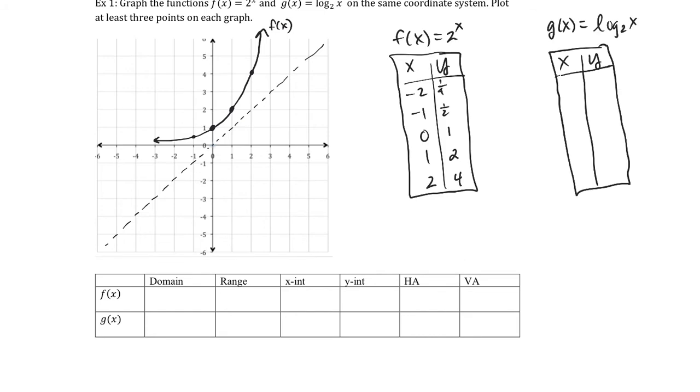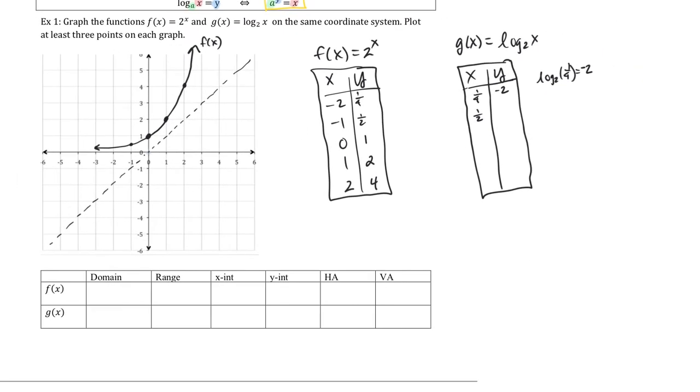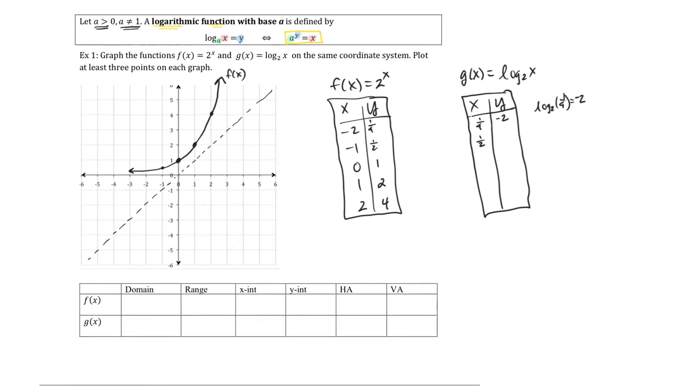The inverse just switches our x and our y. So if we had an input of 1/4, out would come -2. So when you take log base 2 of 1/4, the answer is -2. We can always understand that by using the actual definition of what it means to be a logarithm.